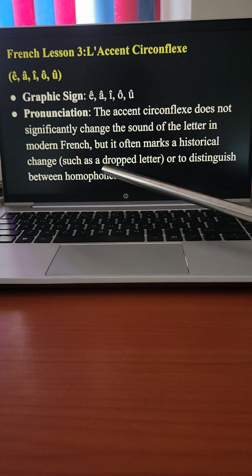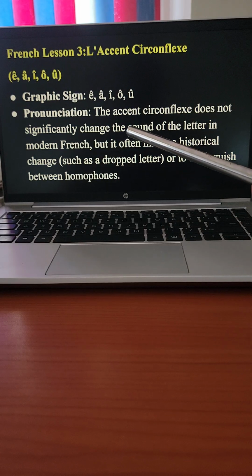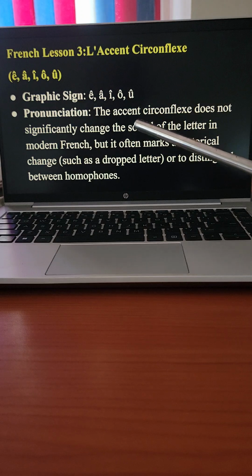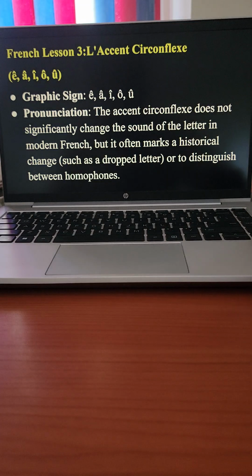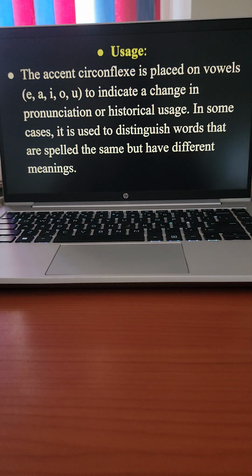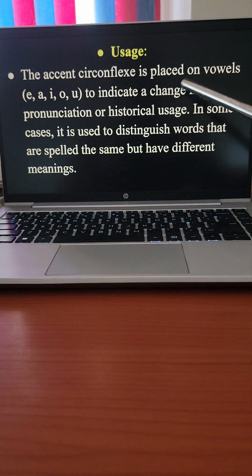We have just seen some homophones when we talked about the accent grave, like là and la, ou and où. Those are homophones.